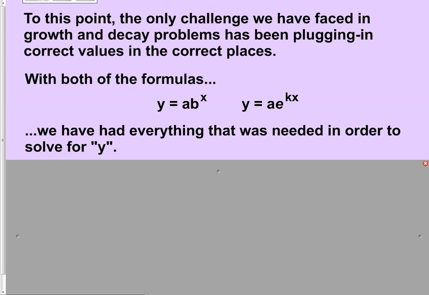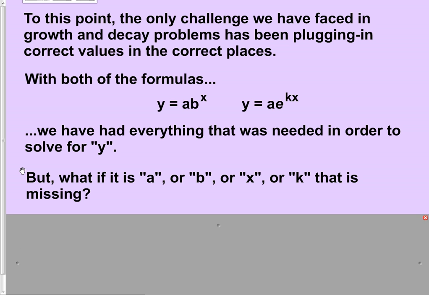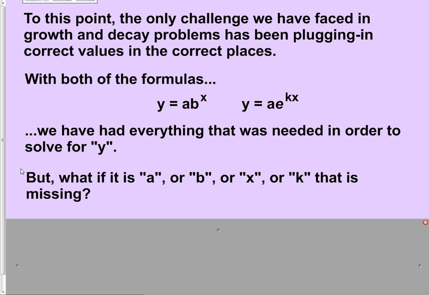And just like any other problem, it can be any of those variables that is unknown, and we may have to solve for it. Okay, so the question that we're going to answer today is what happens if it's not the y that we are solving for?